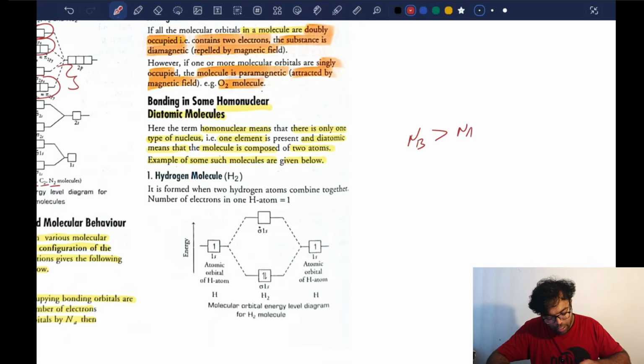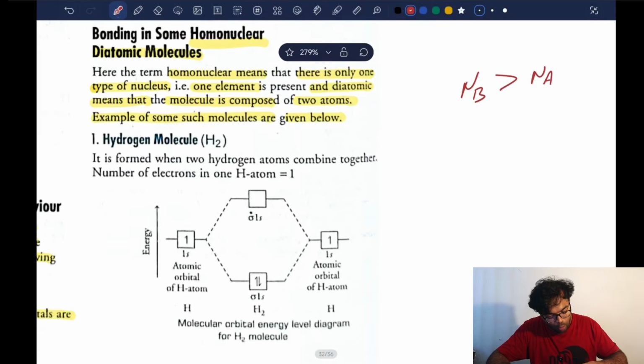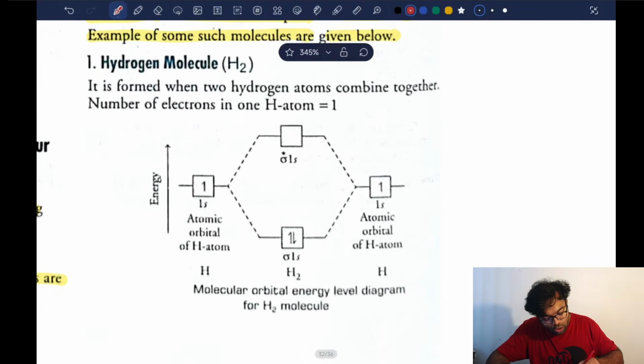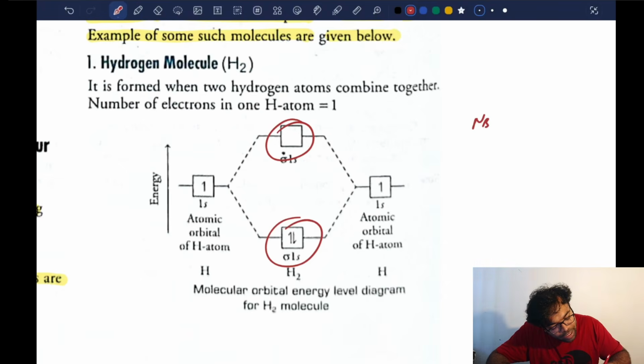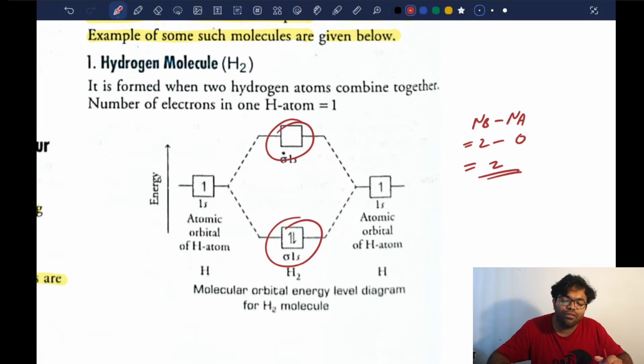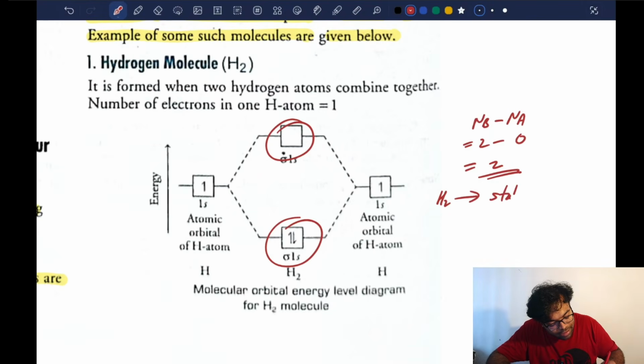So in the bonding molecular orbital of hydrogen, how many electrons are present? There are 2 electrons in the bonding molecular orbital, and 0 electrons in the anti-bonding molecular orbital. So Nb minus Na is equal to 2 minus 0, which is 2. And that is a good thing for us, right? Therefore, we can say that the H2 molecule is stable. Understood, Drupad?